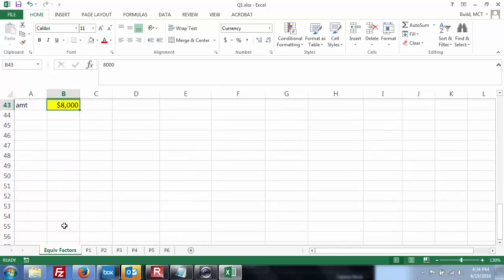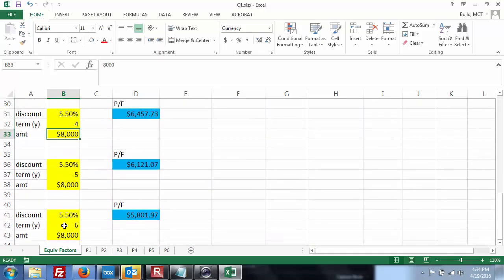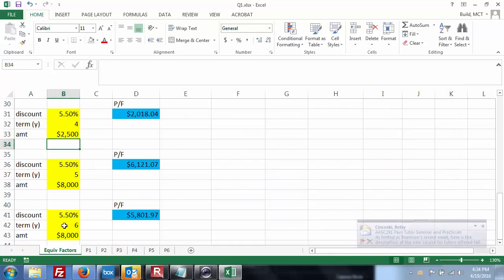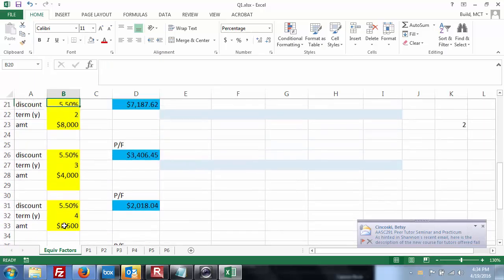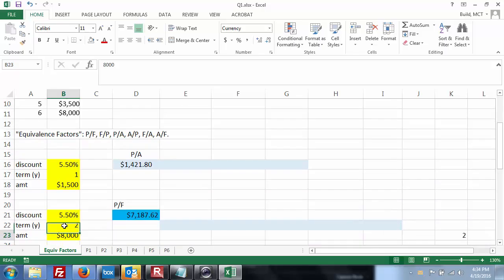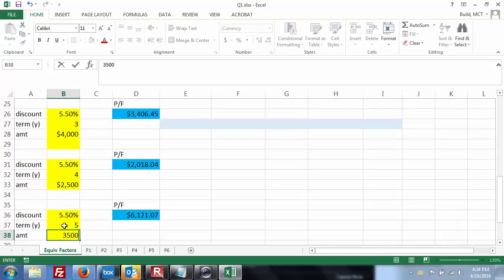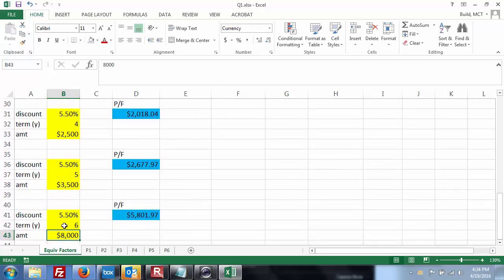Year 4 was 2,500. Year 5 was 3,500. And then year 6 was 8,000 again.